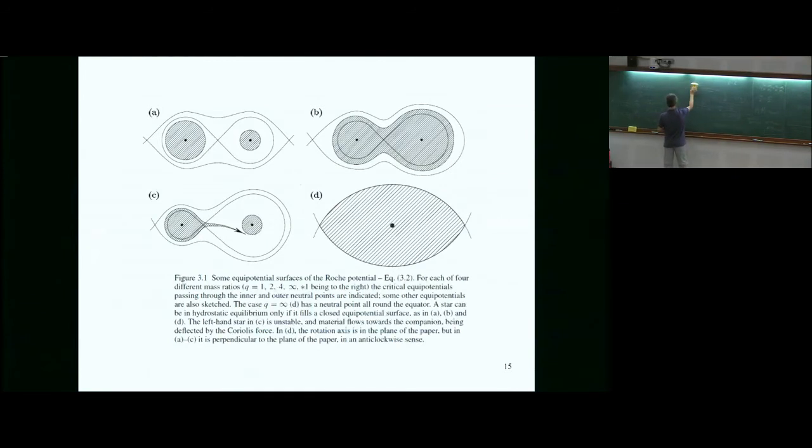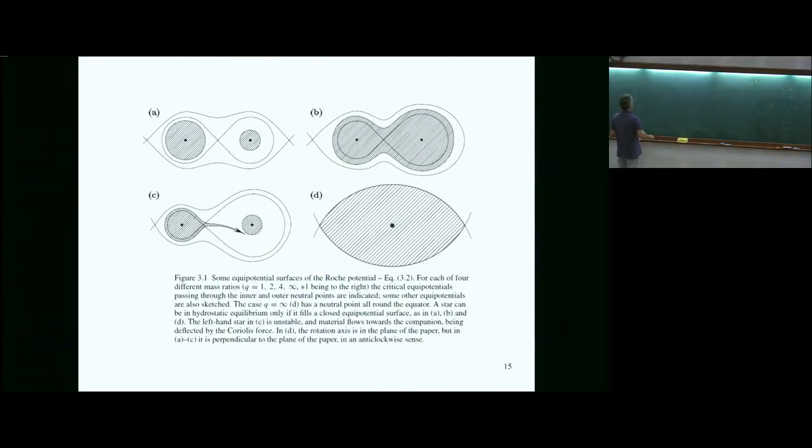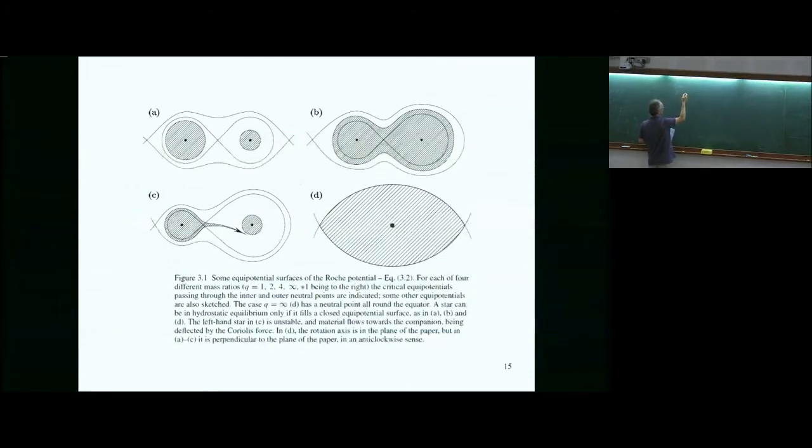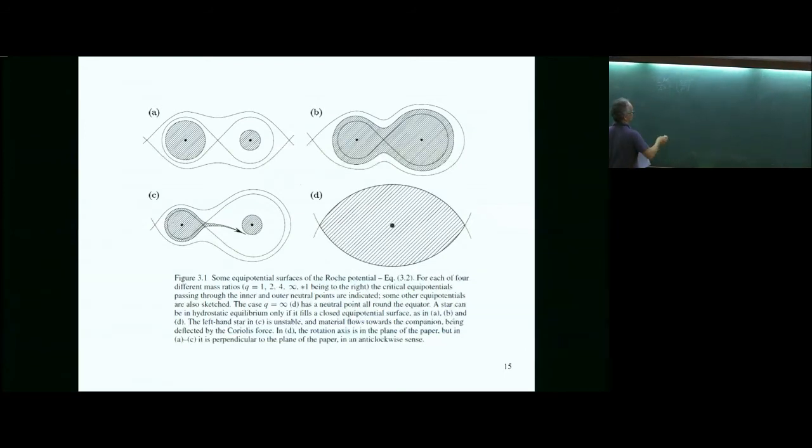So we know a binary has to satisfy this relation: the period is equal to 2 pi times the square root of a to the third over GM.